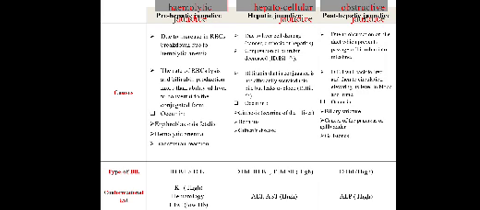Then hepatic jaundice, which is also known as hepatocellular jaundice, is due to liver cell damage. Most of the causes involve damage to liver cells, that's why it is known as hepatocellular jaundice. Then the conjugation of bilirubin decreases.